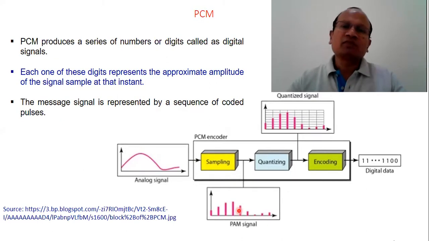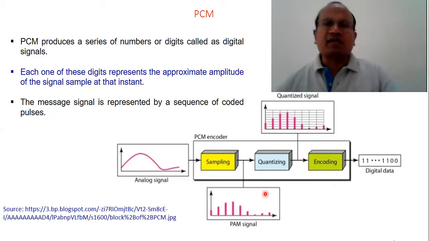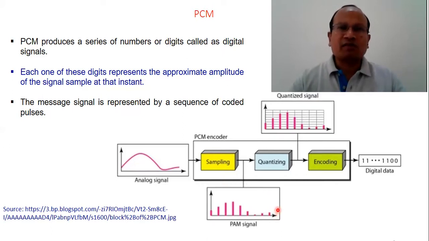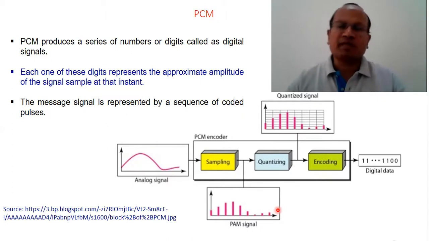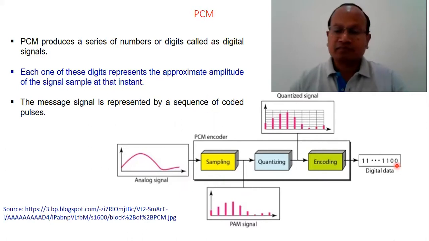Then PAM output goes to quantization, where the approximation of the signal takes place, so appropriate encoding can be applied. And once we get the approximated signal, it's fed to the encoding process, where different streams of binary bits are assigned to different pulses, different samples, and finally the analog signal is converted into a stream of bits, into digital data.